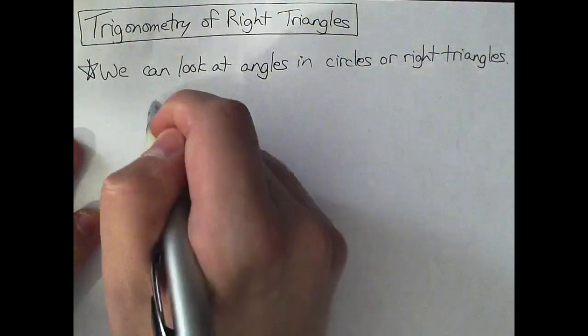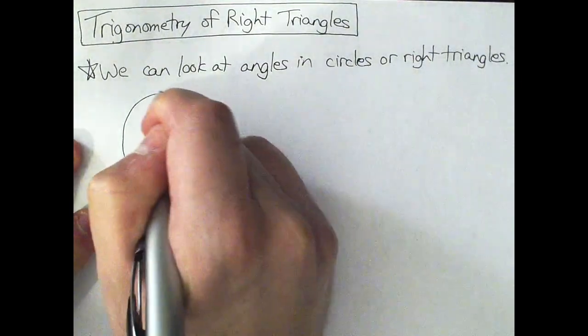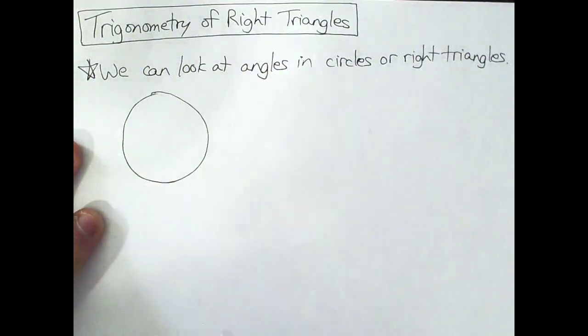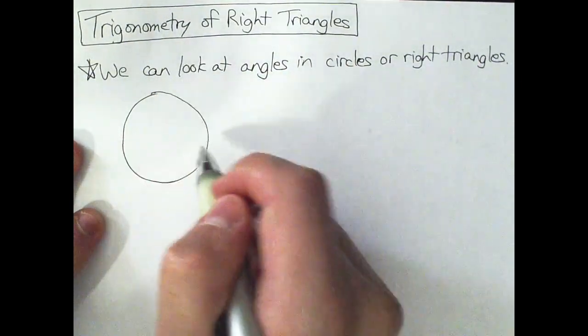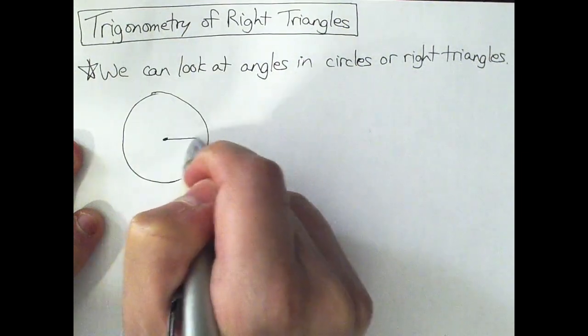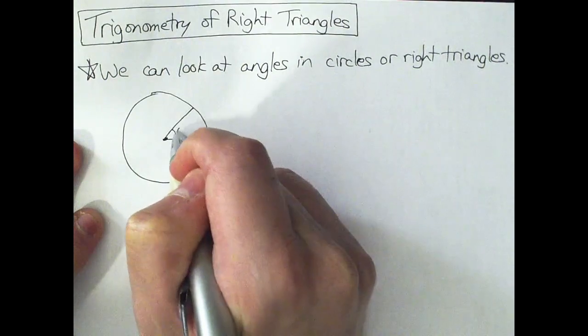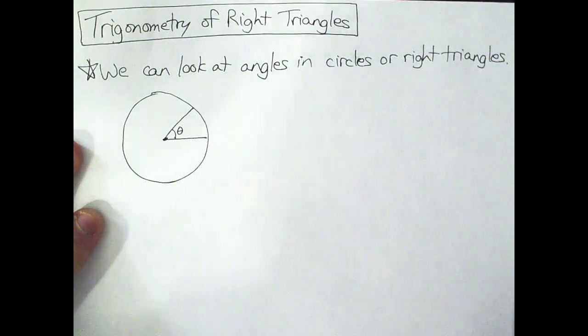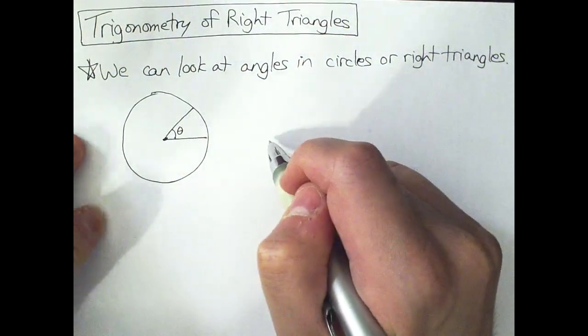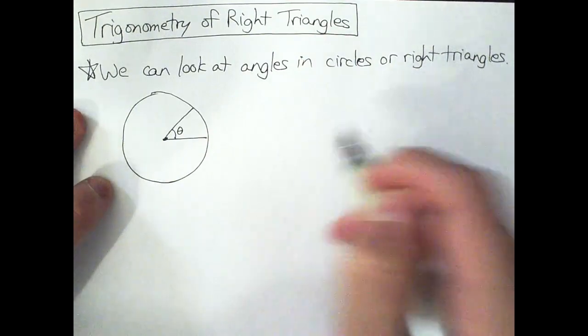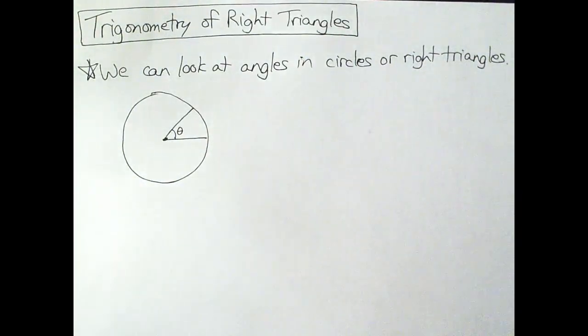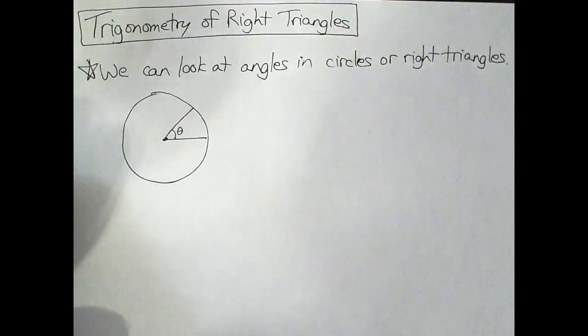All right, so here's a circle. We don't have to draw the x-axis and y-axis every time, although we could if we want to. So an angle in a circle might look like this. An angle in a right triangle. We haven't really given a definition of right triangle in this class, but a right triangle is one where one of the angles is 90 degrees.